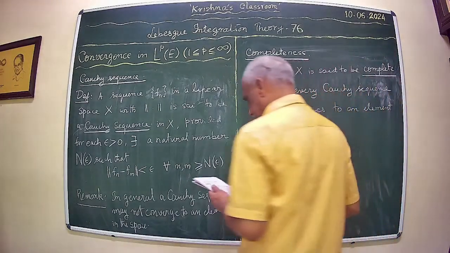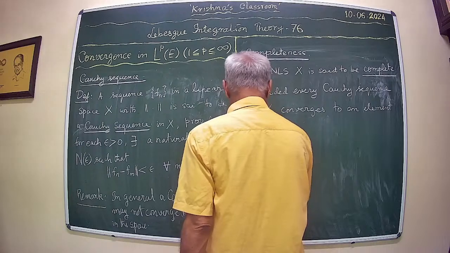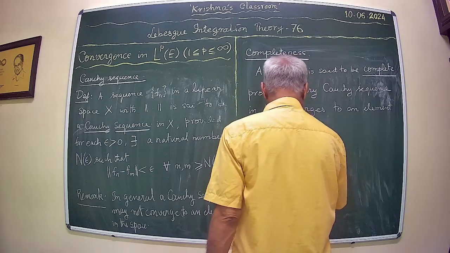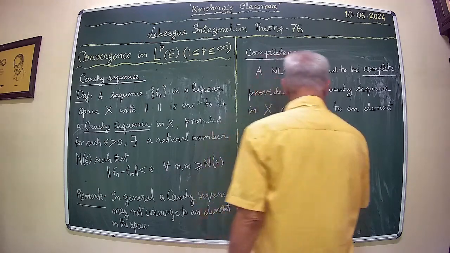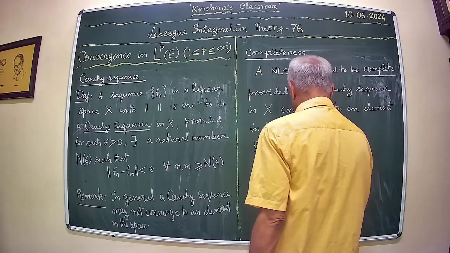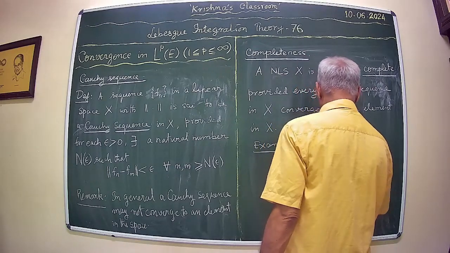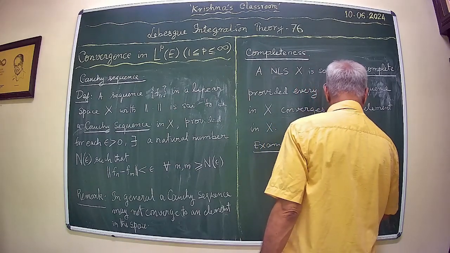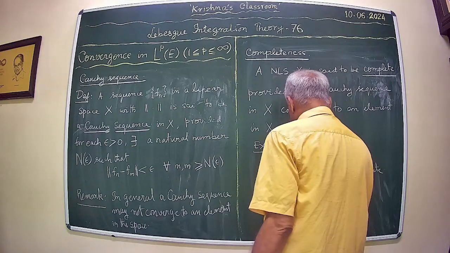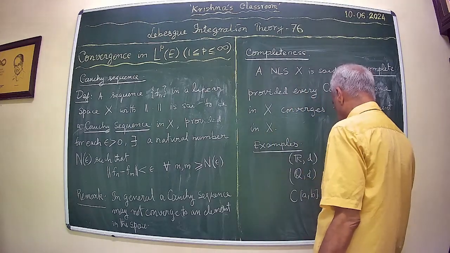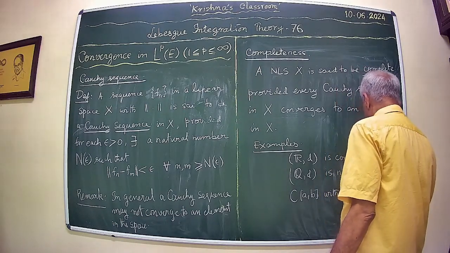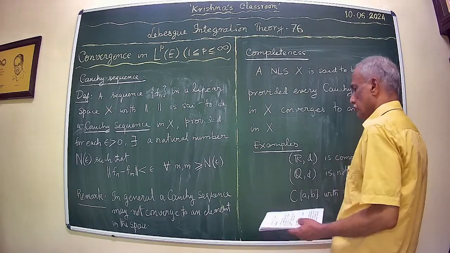With this criterion, you see that C[a,b] is complete.